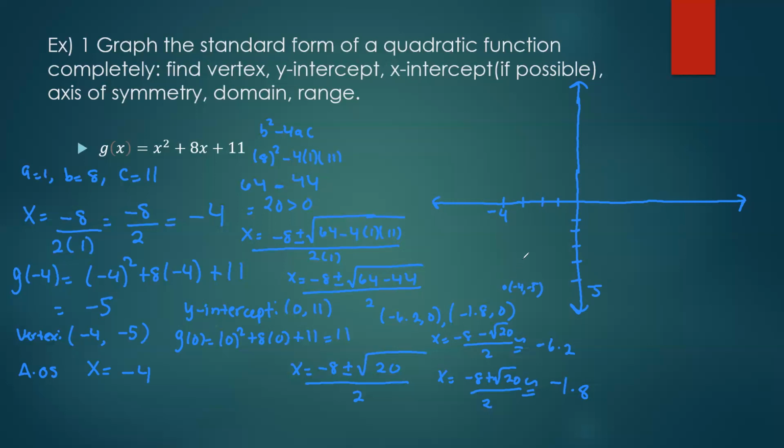What's my y-intercept? My y-intercept is 0, 11. So let's pretend this is 11. And what else? Our x-intercepts are -6.2. Negative 6.2 should be right about here, approximately, and then negative 1.8 right there. Okay, connect the dots.